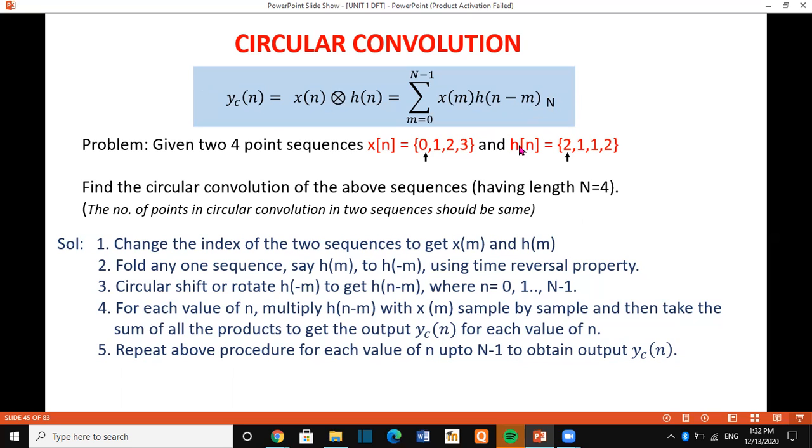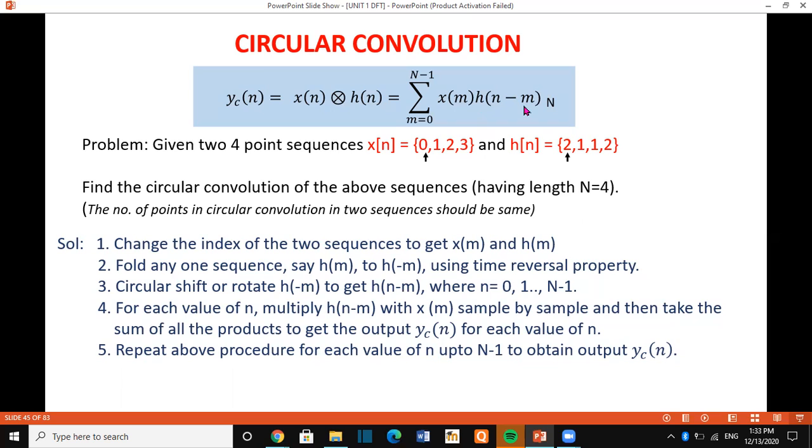First, we change the index of the two sequences from n to m, to get x of m and h of m. You can see the index has changed to m here and here also. After that, h of m is folded, so it becomes h of minus m.